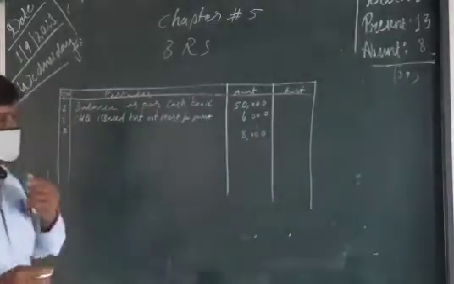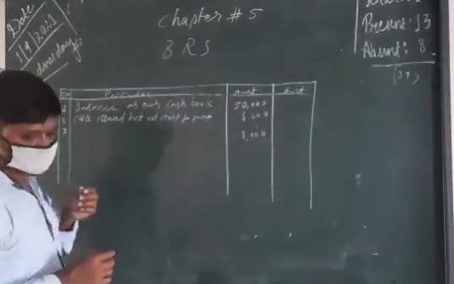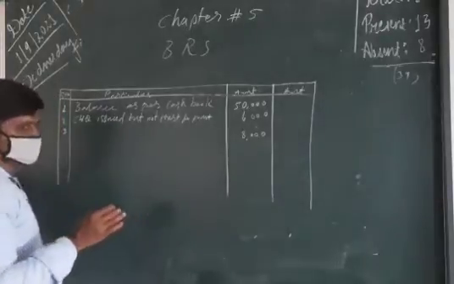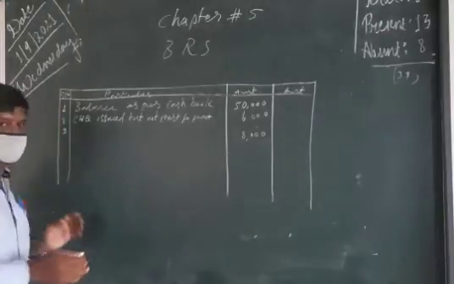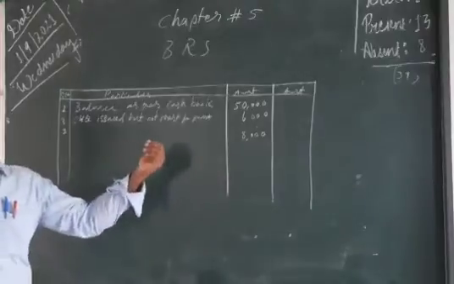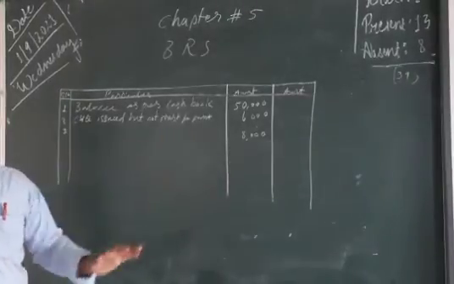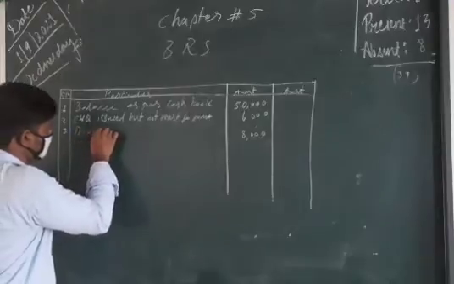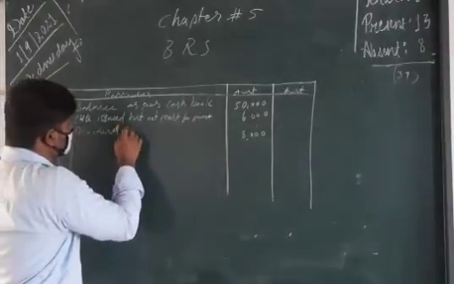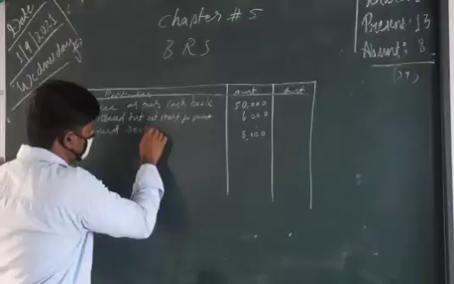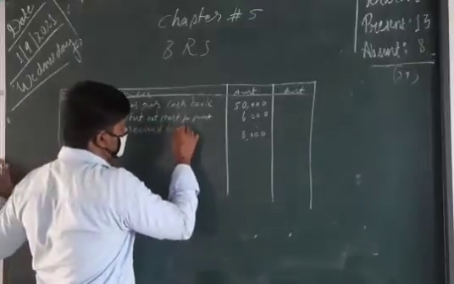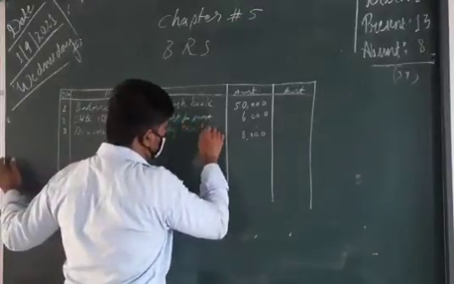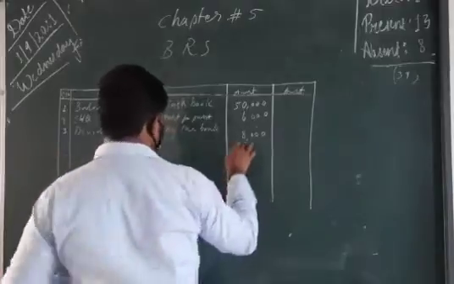So we mention that dividend directly received by the bank, but not entered in the cash book. Received by the bank directly.